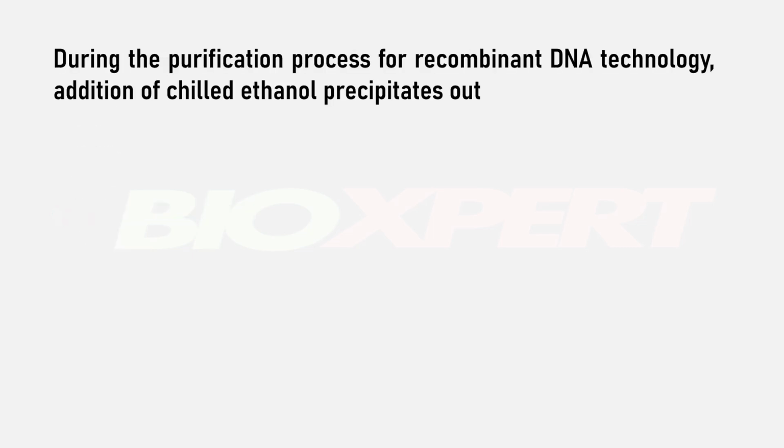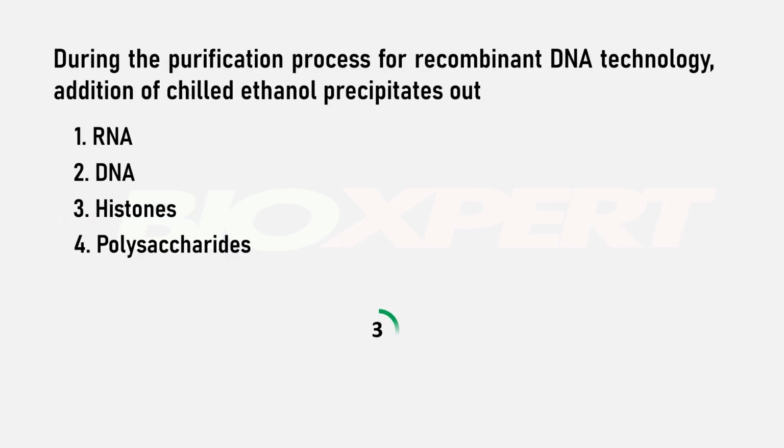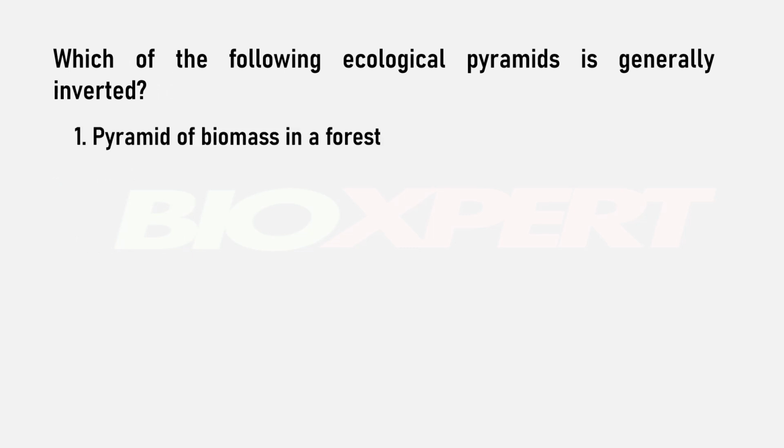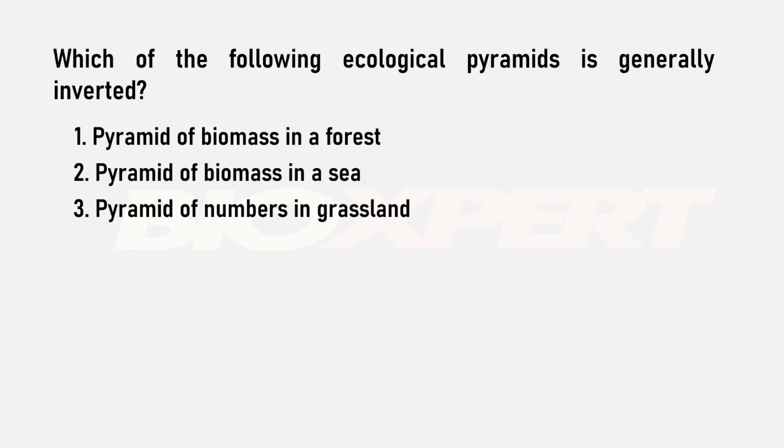Tungsten or gold. During the purification process for recombinant DNA technology, addition of chilled ethanol precipitates out DNA. Which of the following ecological pyramids is generally inverted? Pyramid of biomass in a sea.